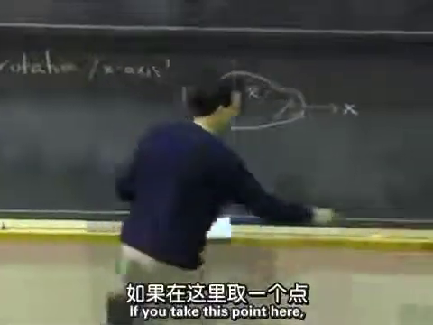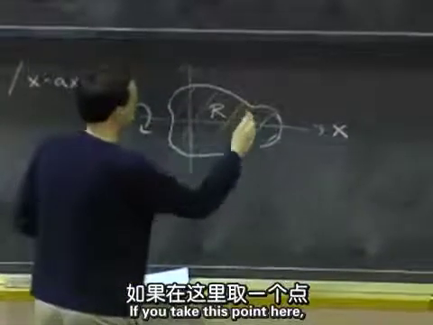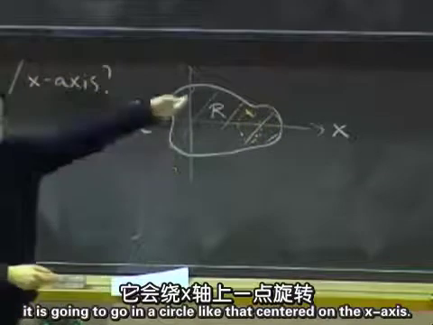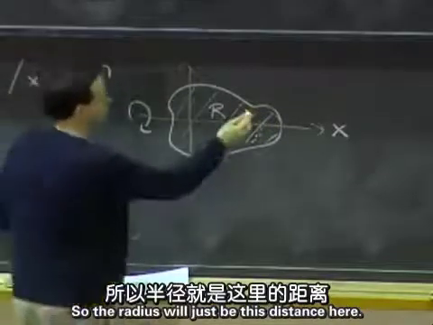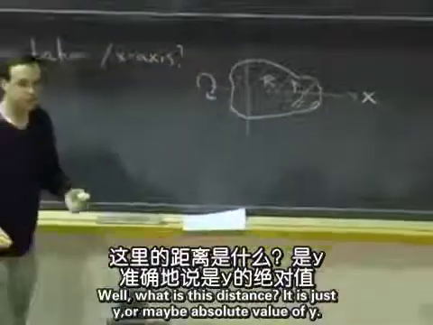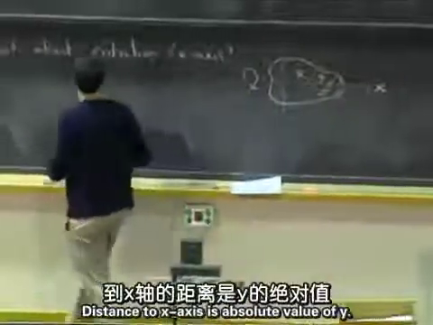If you take this point here, it's going to go on a circle like that, centered on the x-axis. So the radius will just be this distance here. Well, what's this distance? It's just y, or maybe absolute value of y.